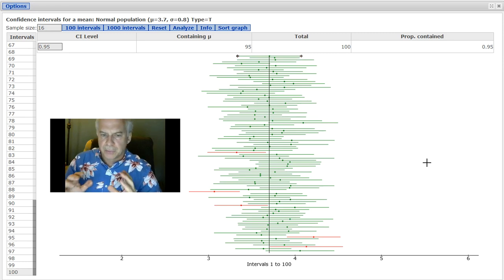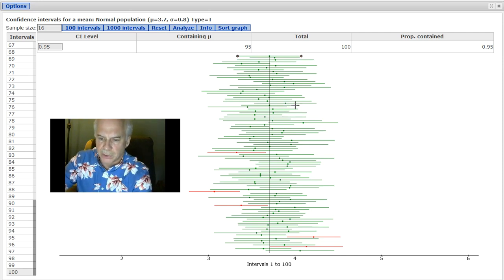So again, the interpretation that I just mentioned can be illustrated with this picture. I put in a mean of a whole population of 3.7. Could be 3.7, 3.8, 3.9, whatever.